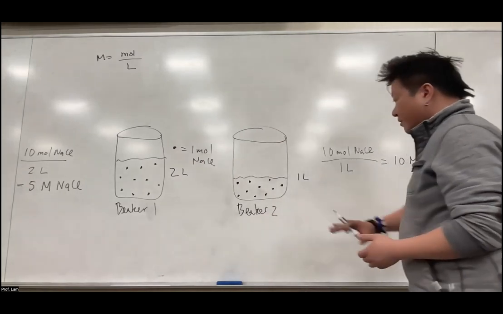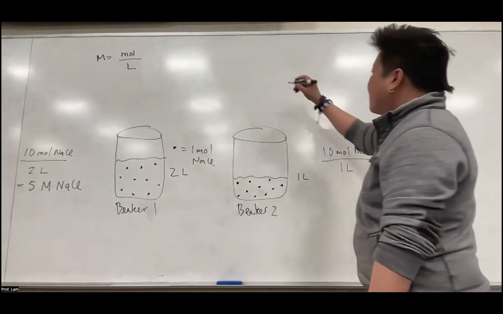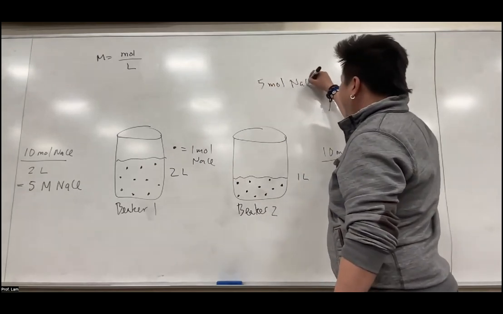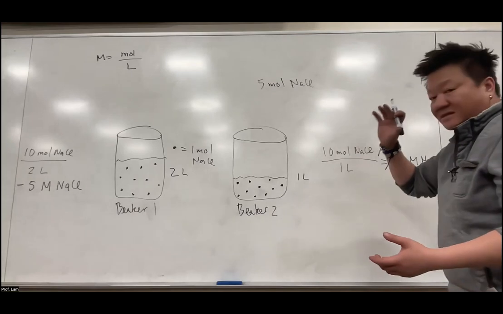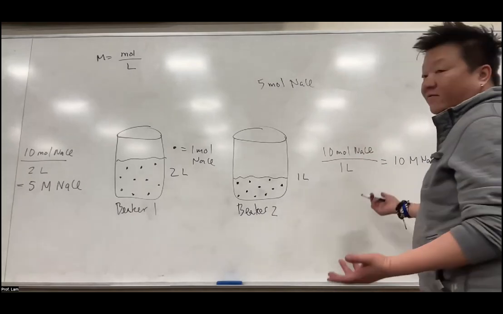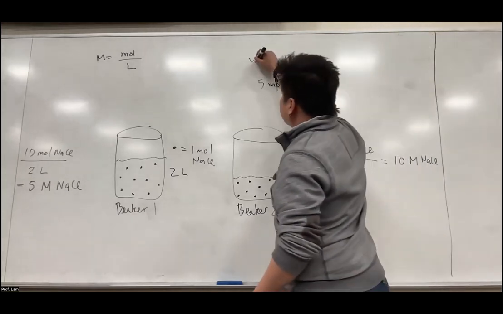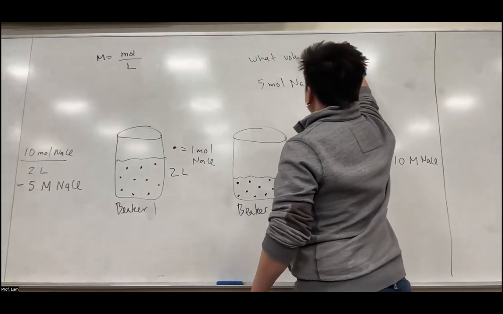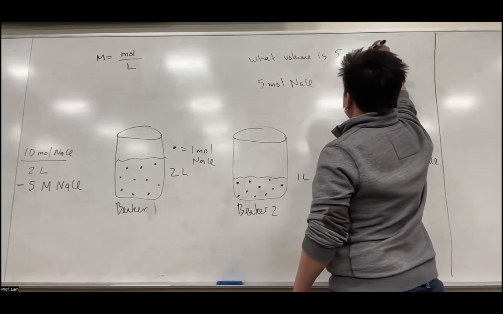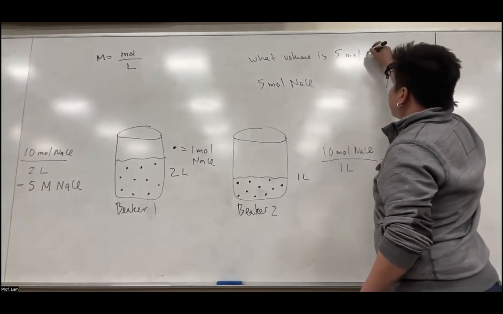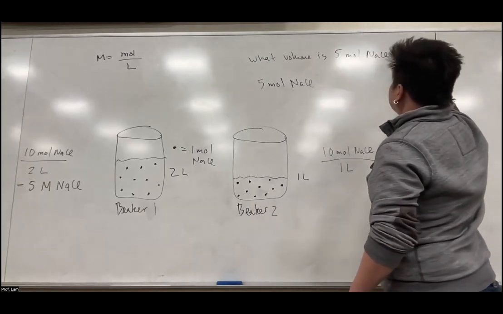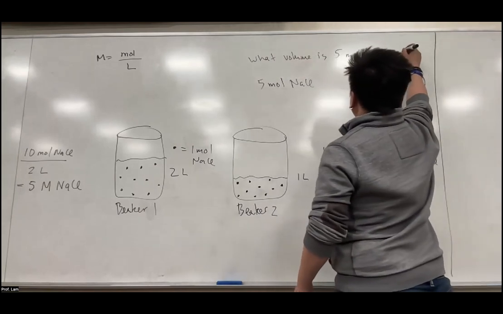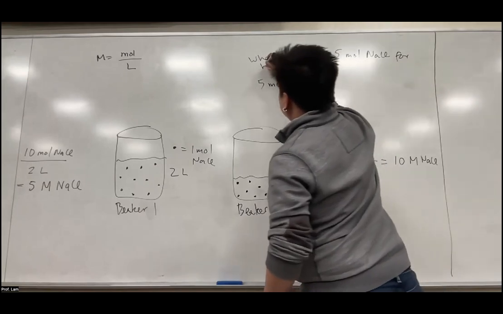So let's say, beaker 2, I want 5 moles of salt. Like let's say I want to drink 5 moles, what volume? So the question is, what volume is 5 moles of NaCl for beaker 2?